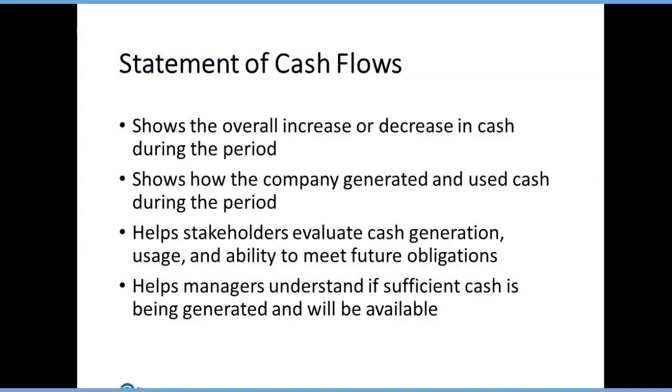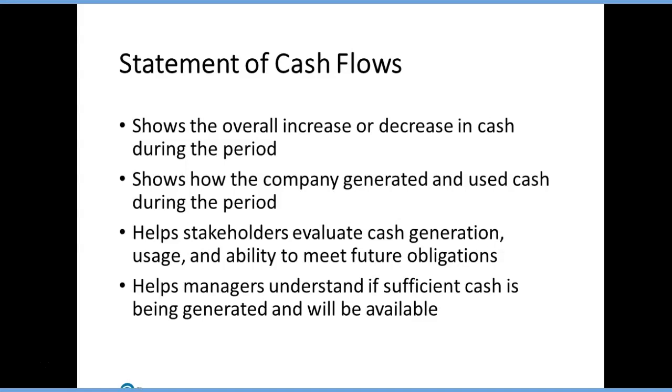So cash flows. First of all, we want to know cash is money coming in, and we're talking about cash and cash equivalents. Cash and cash equivalents meaning currency, money in checking accounts, money market accounts, also short-term treasuries. These are things that can be converted to cash relatively quickly, and they're intended to be converted to cash relatively quickly.